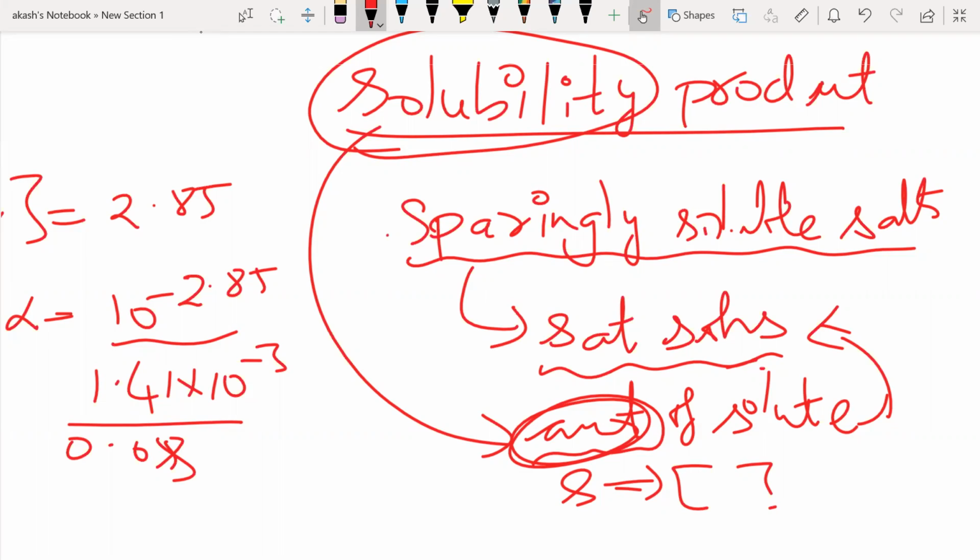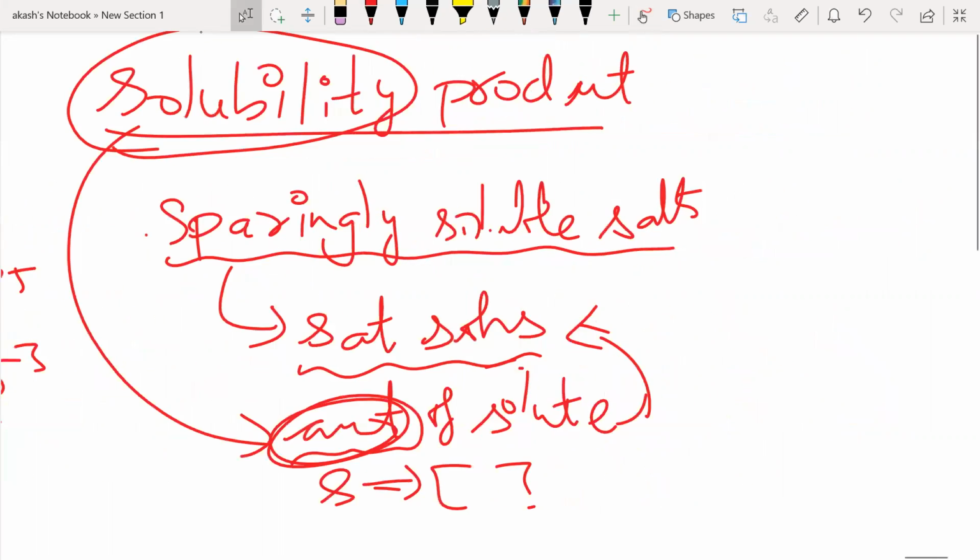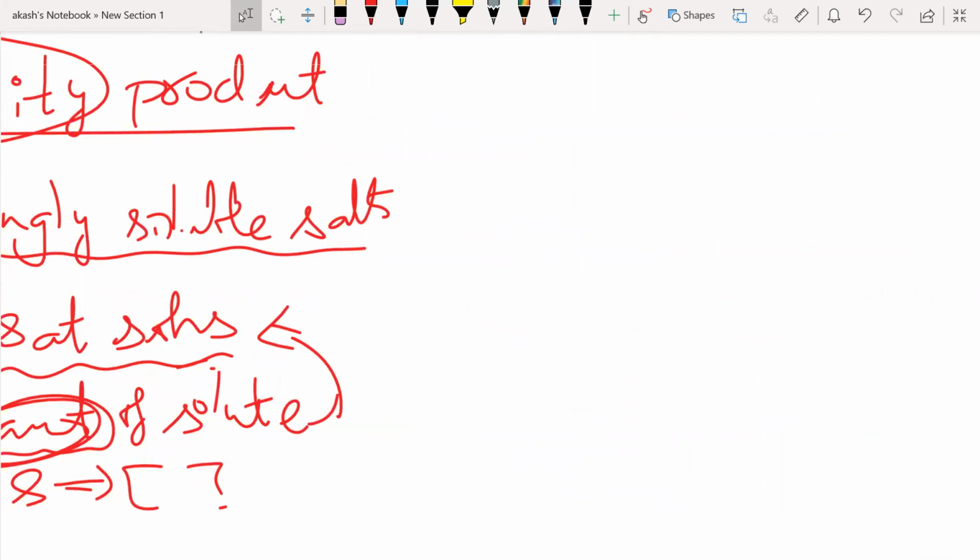Fine. So we'll give a little more mathematical aspect to this. Now, if at all I want to understand at what point the precipitation happens, or how can I make sure quantitatively how much salt I should add to prepare a saturated solution, and how to check whether the solution is already saturated or not, all these things can be done with the help of a little amount of mathematics.